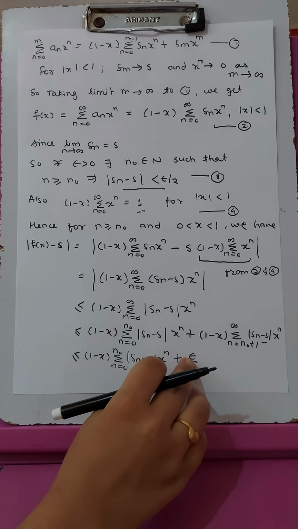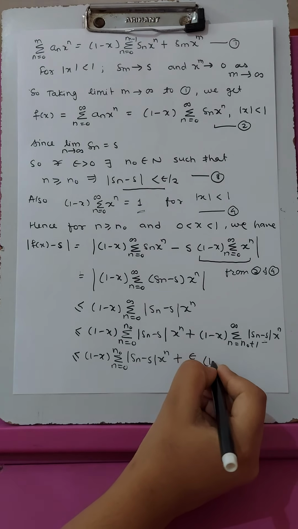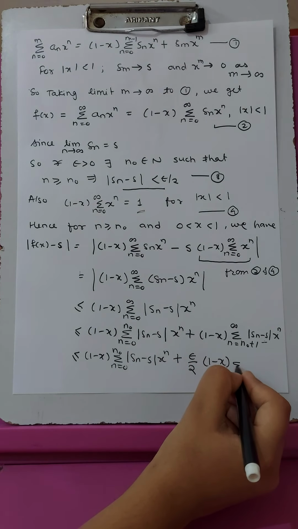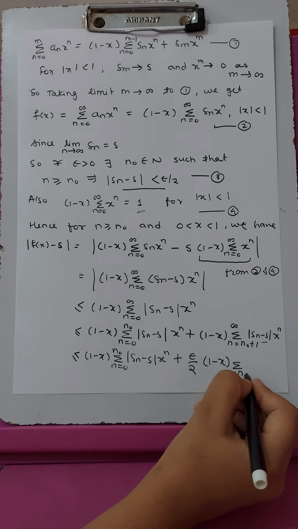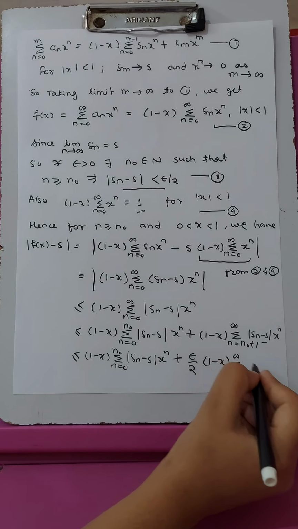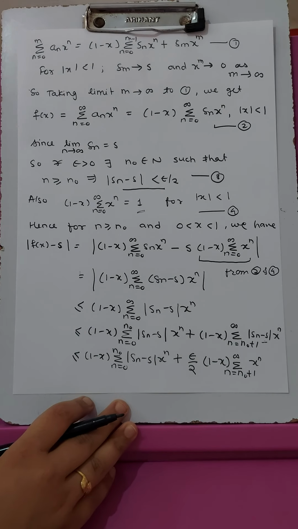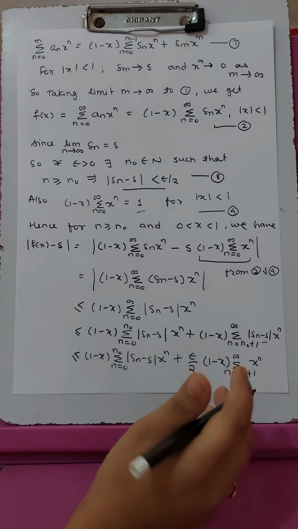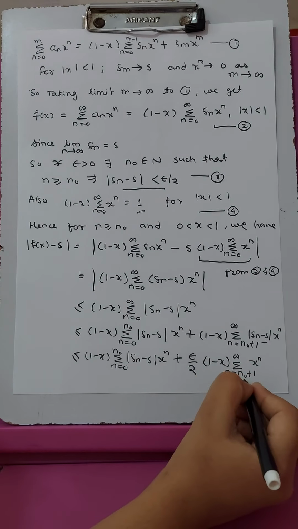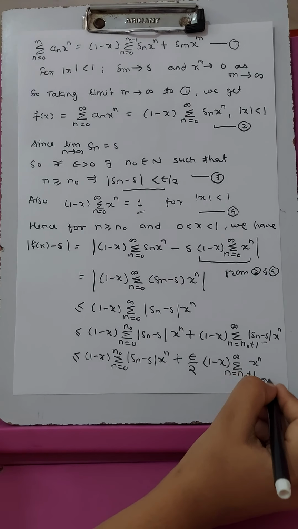This Sn minus s is less than epsilon by 2 and this 1 minus x summation n from n0 plus 1 to infinity x to the power n remains as it is. Now this we have taken from 3.